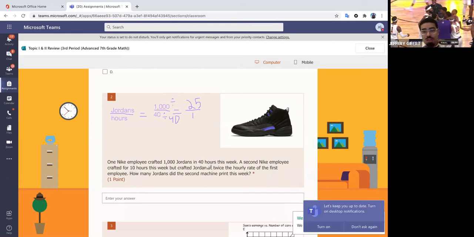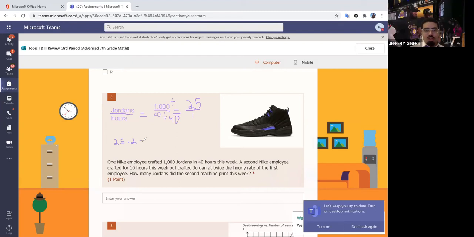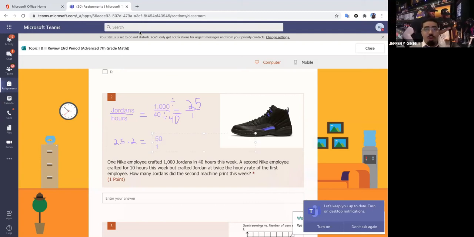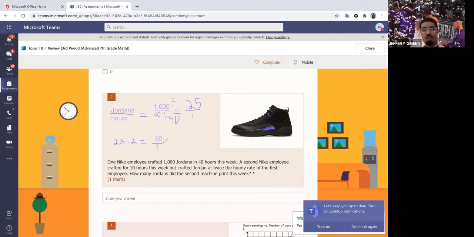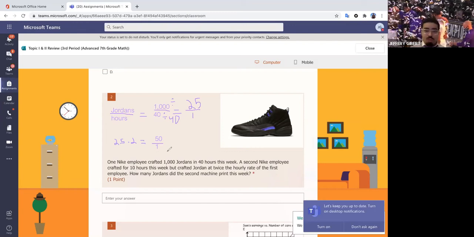It says the second person crafted at twice the hourly rate. So now we got to go from 25 over 1. We're going to multiply that by 2 because twice means double. That means they did 50 Jordans in 1 hour. Now that we know how much the second employee makes in 1 hour, we can do 10 hours.